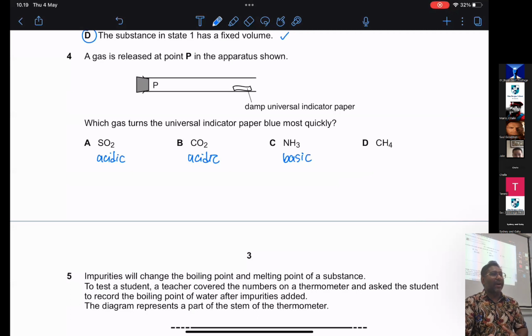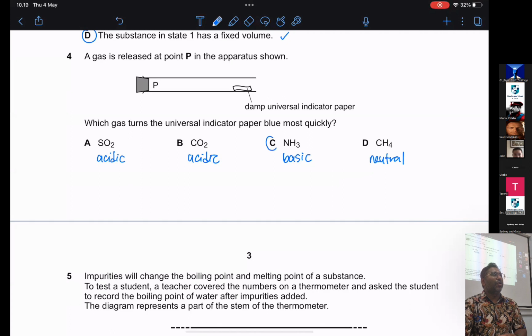Now, I just want to ask you one more question. How about chlorine gas? Acidic, basic? If you are having doubts, always refer to what I mentioned to you just now. Cl2, although it's not an oxide, it's going towards the non-metal. So Cl2 is acidic.